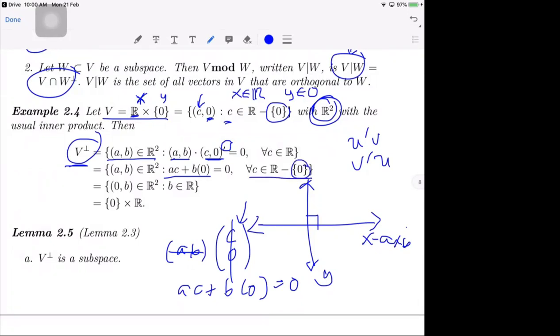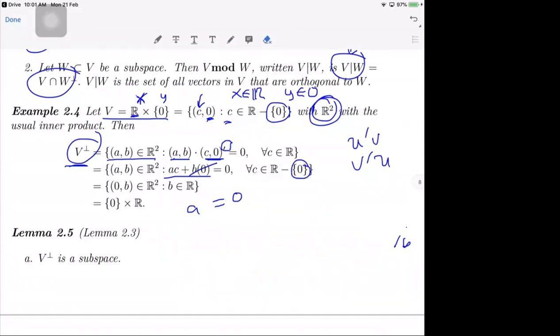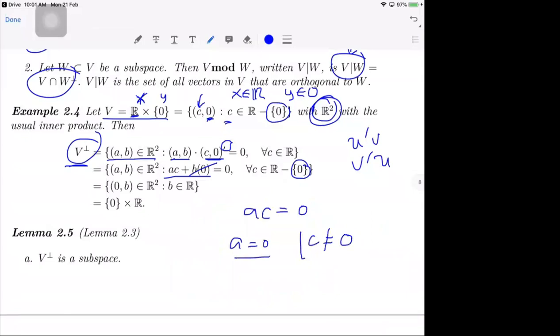If AC is 0 and C is not equal to 0, it only means that A is equal to 0. Because what is the meaning of AC equal to 0? Either A is 0 or C is 0. But C is not 0, so A is 0. So this is the set wherein A is equal to 0, the set of (0, B).